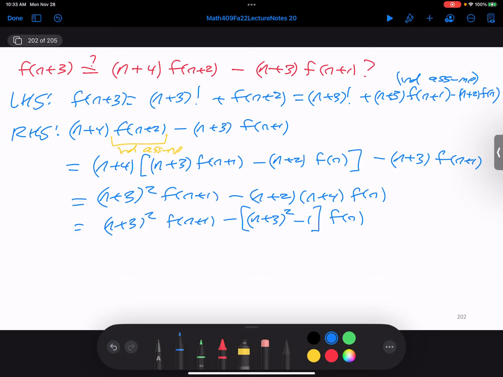Why is this useful? Well, if I look at n+3 squared fn plus 1 minus n+3 squared fn, what can you say?